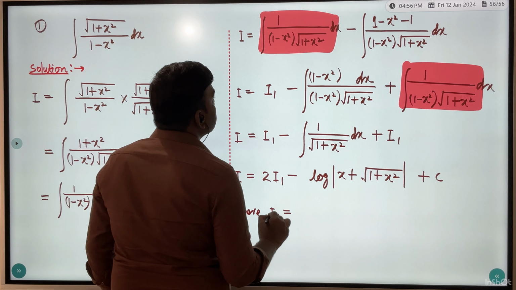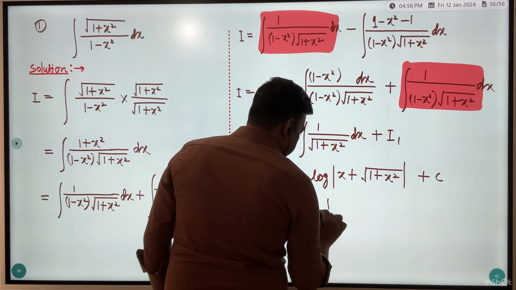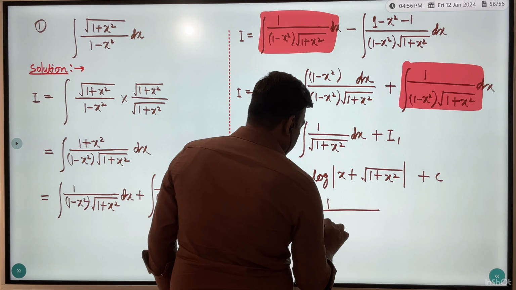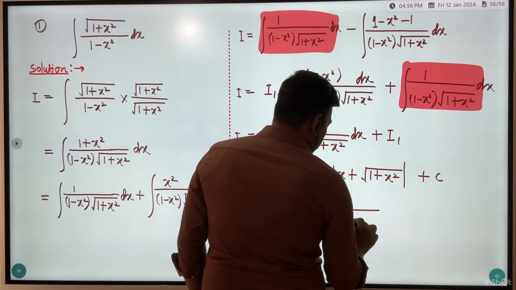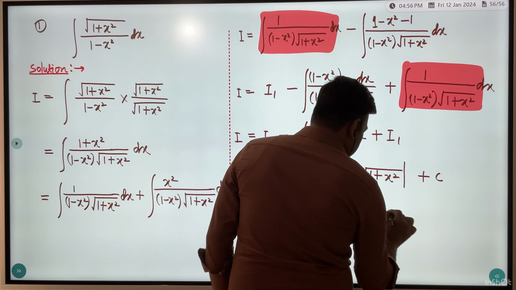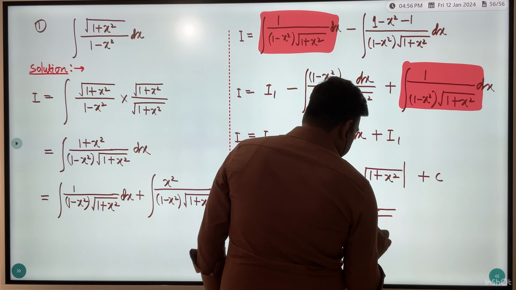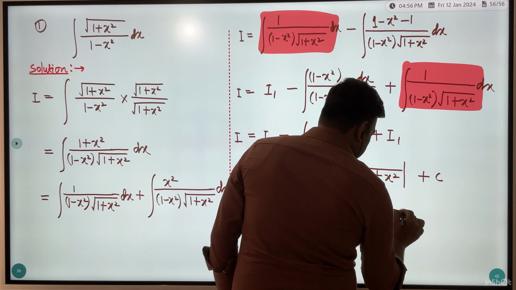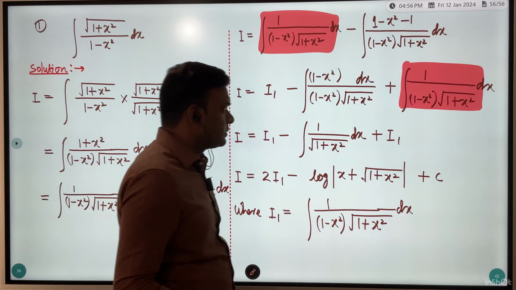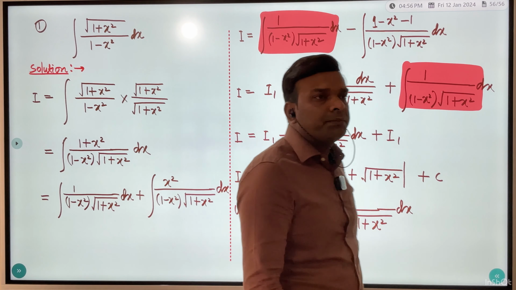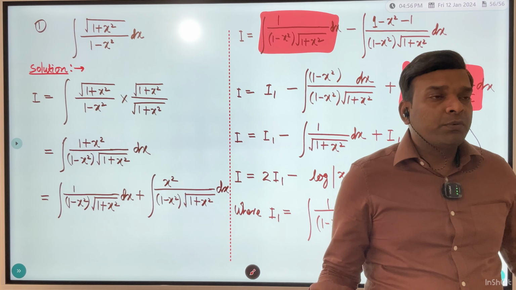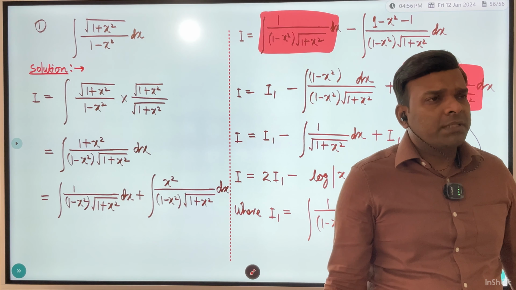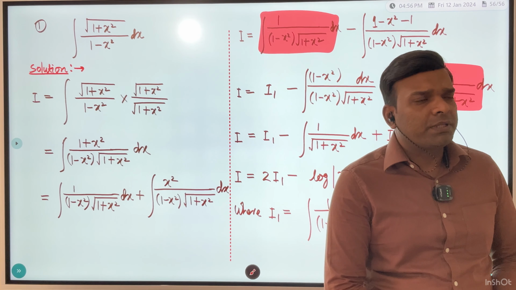Here I1 is equal to integral of 1 upon 1 minus x square over root 1 plus x square dx. So now we will try to find out the value of integral I1, and after getting the value of integral I1, we will substitute that value in the original equation.